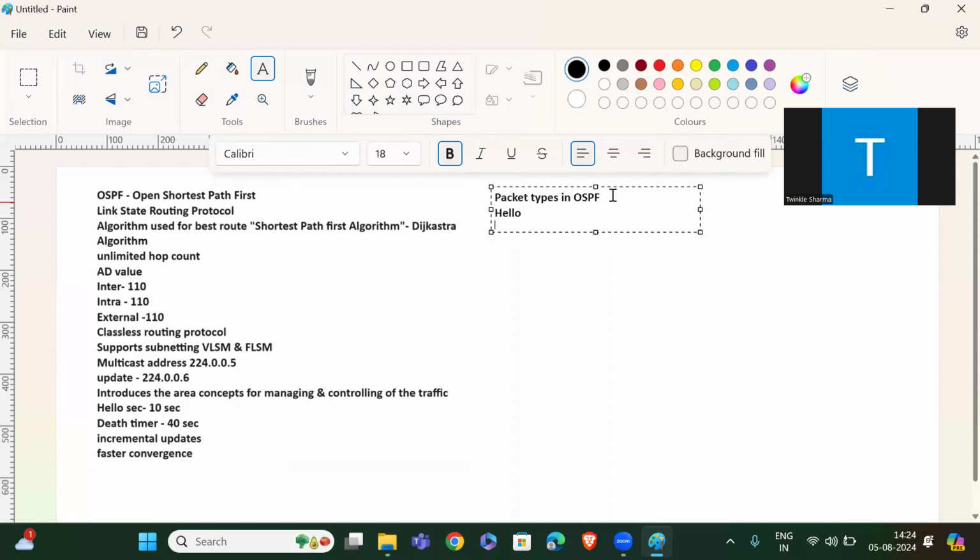Then we have DBD, database description. Then we have LSR, link state request. Then we have LSU, link state update. Then we have LS acknowledgement, link state acknowledgement.